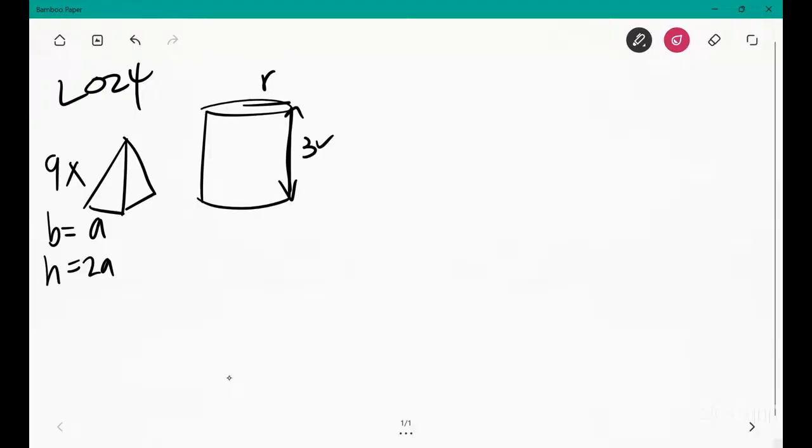So first, let's say what was the volume of a pyramid? It's 1/3 A squared H. What is A squared? The base.